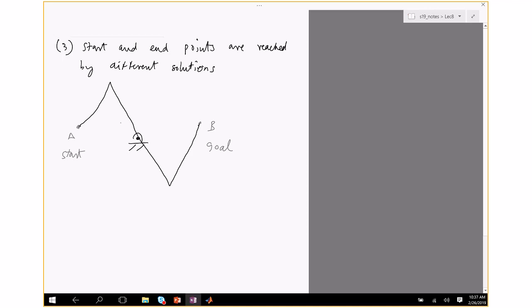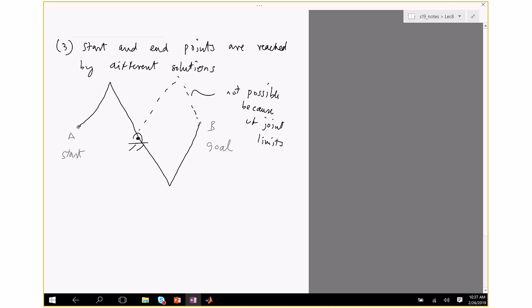So why does that happen? You could also reach this way, right? But in this case, this solution is not possible because of joint limit. So you cannot get access to this configuration to reach B.